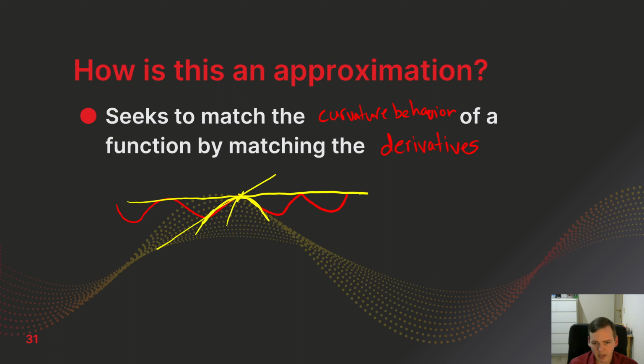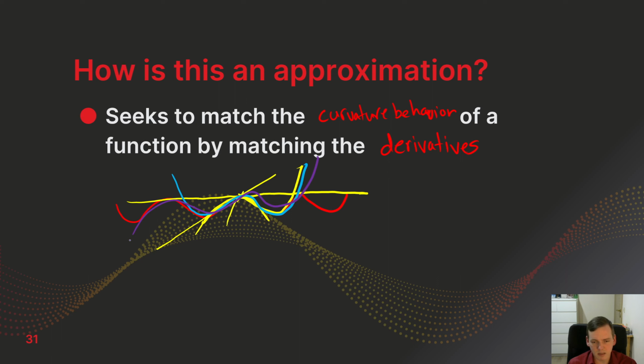If I try to match third order behavior, you see I get that. Now let's switch to another color. Let's go blue. If I try to match fourth order, I might end up getting something similar to this. And so you can kind of see how if I have increasingly complex polynomials, I can get more and more of this behavior accounted for.